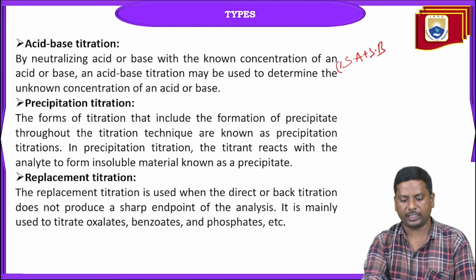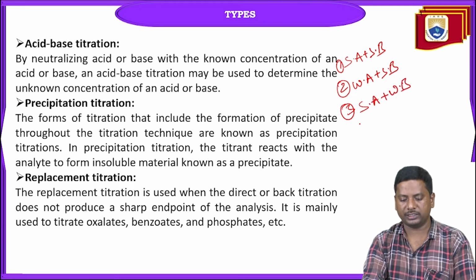The first category is strong acid and strong base, the second is weak acid and strong base, the third is strong acid and weak base, and the fourth is weak acid and weak base.